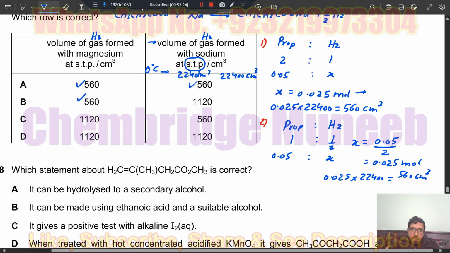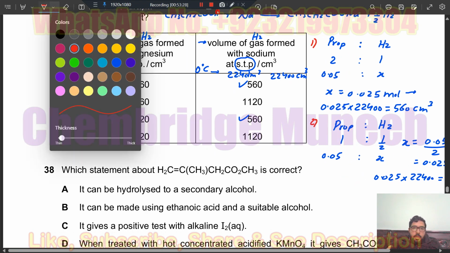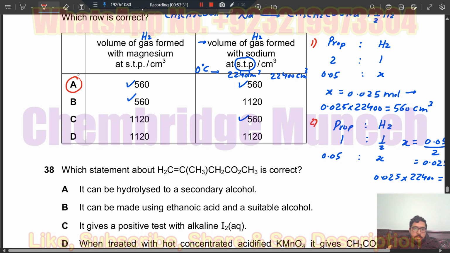So I have the same volume in the second column as well. So in this case, the right option becomes option A.